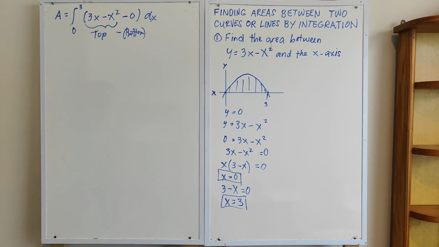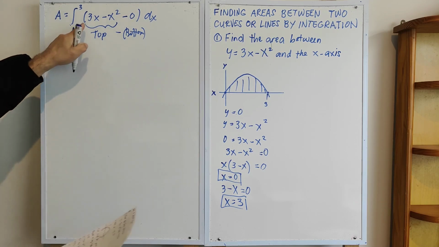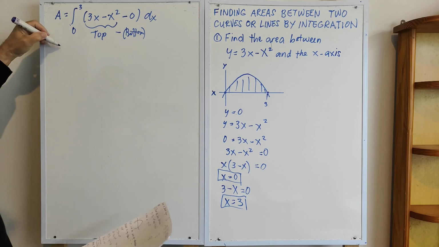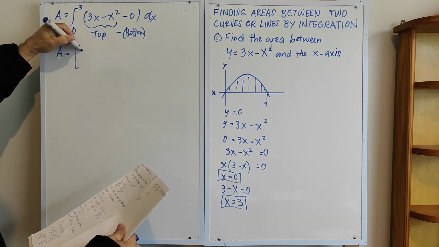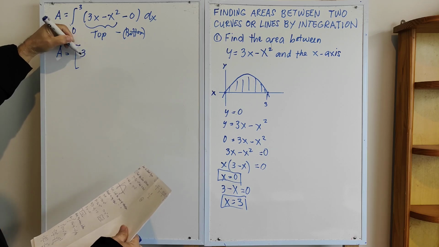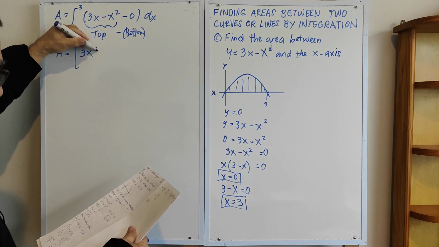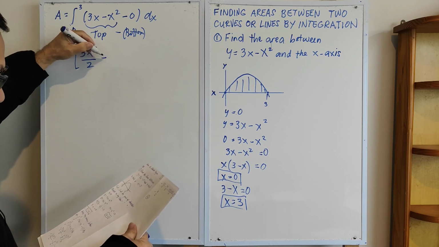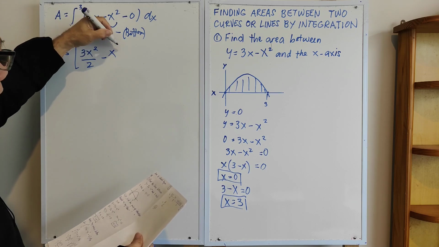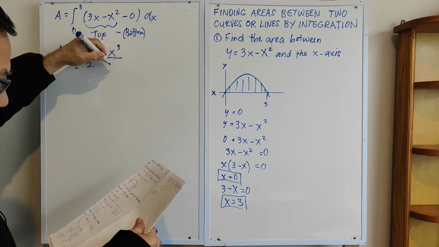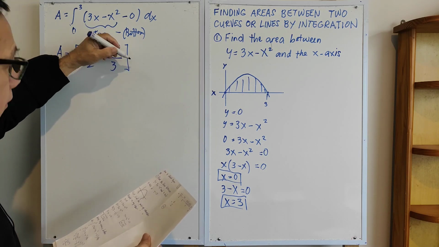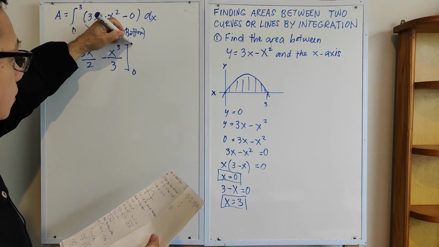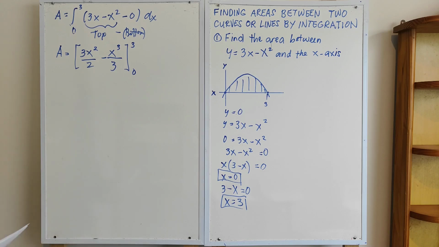If we integrate 3x minus x squared, the area will be equal to 3x squared over 2 minus x cubed over 3, evaluated from 0 to 3.